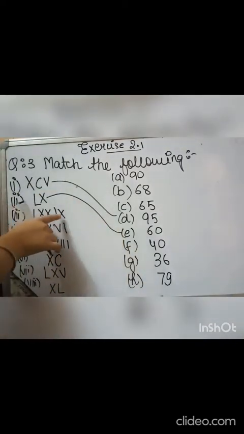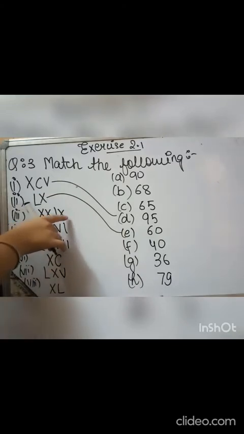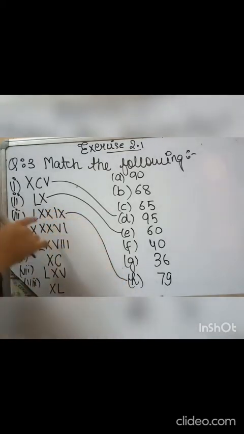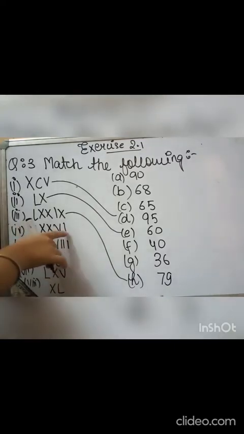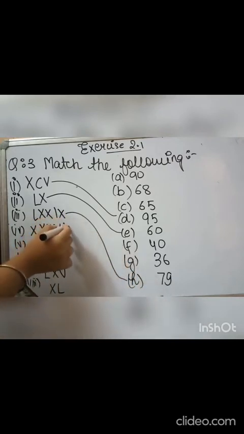LXXIX: 50, 60, 70, and IX means 9, 79, H option. XXXVI: 10, 20, 30, 35, 36. 36 is G.